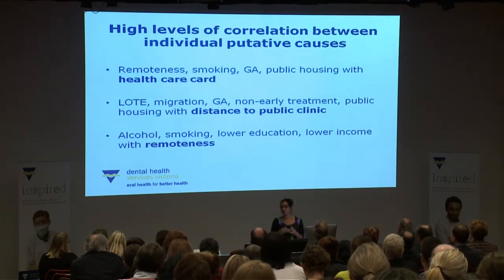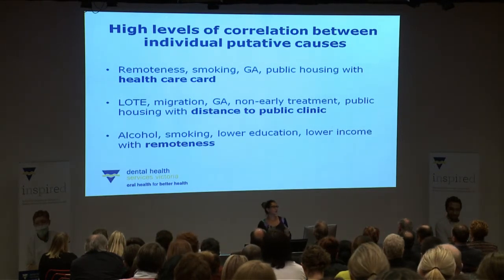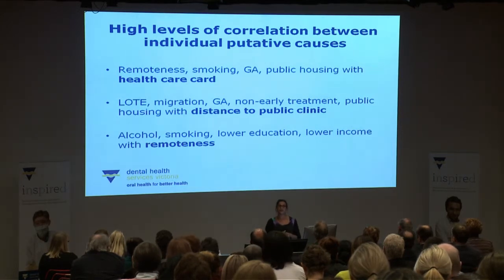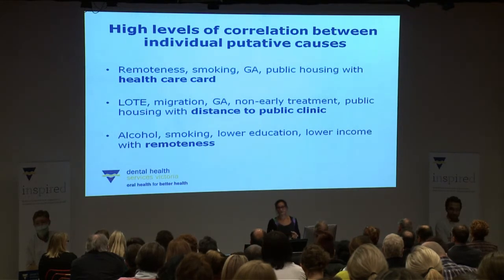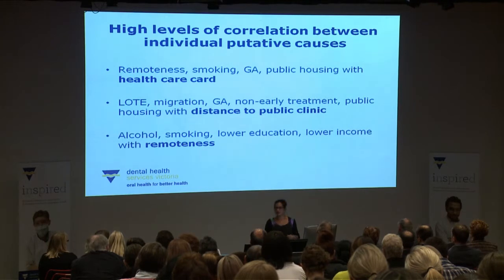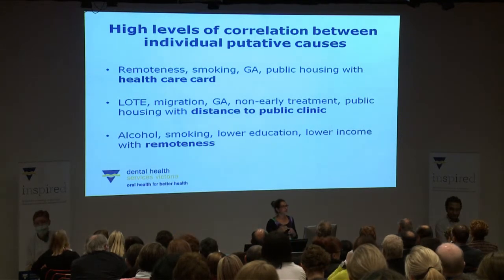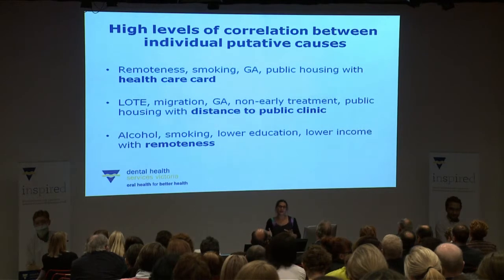If you only look at one, for example the healthcare card, which we use for eligibility status, really what we could see in the data is that healthcare card is quite highly correlated with remoteness and smoking status. In communities where there are high proportions of healthcare cards, those communities also have high proportions of GA rates and public housing rates. So healthcare card is one indicator that's often used, but all of those things are highly associated with it.